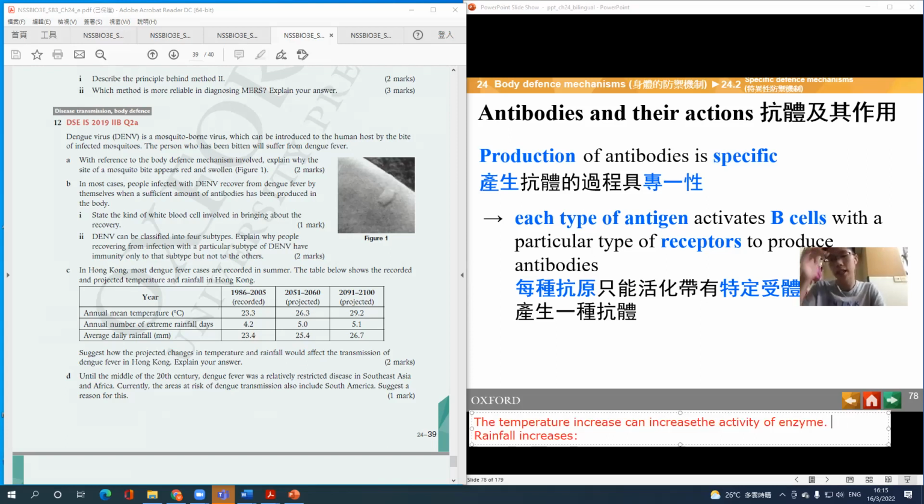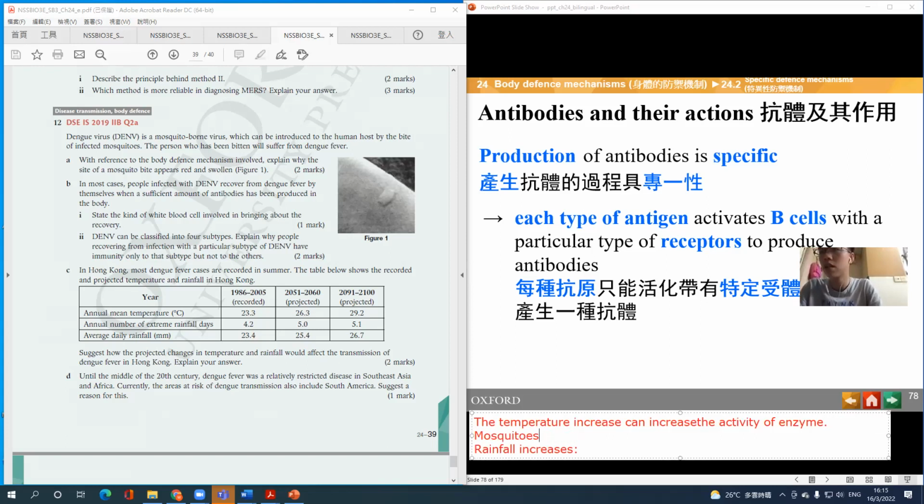So basically we can say mosquitoes are more active in their life cycle.